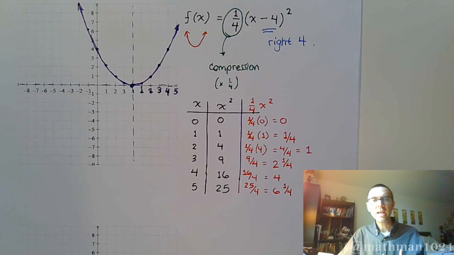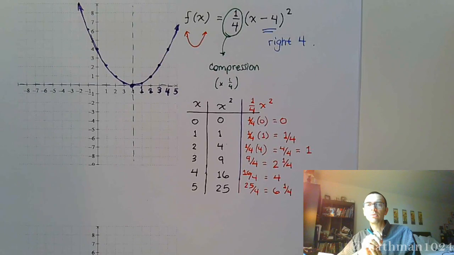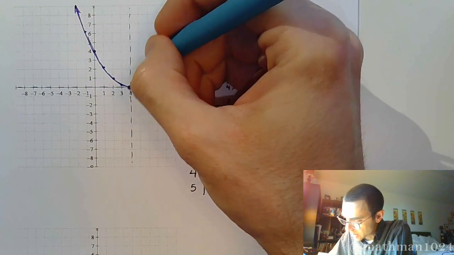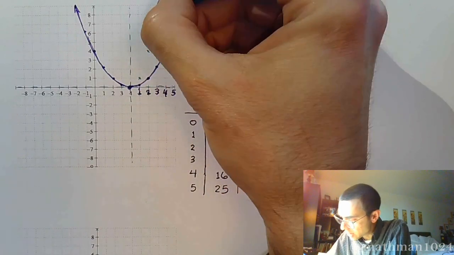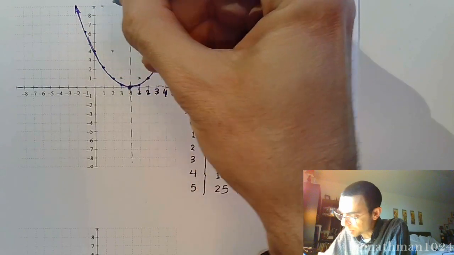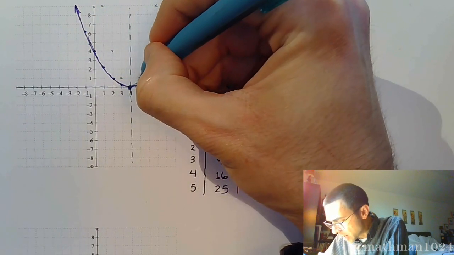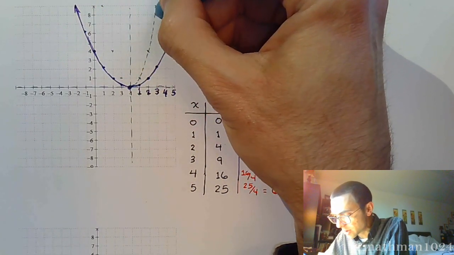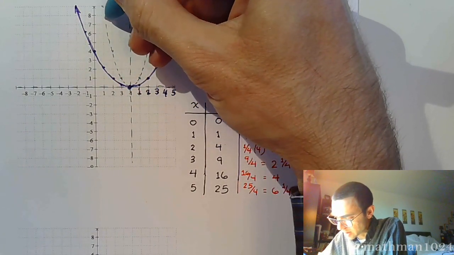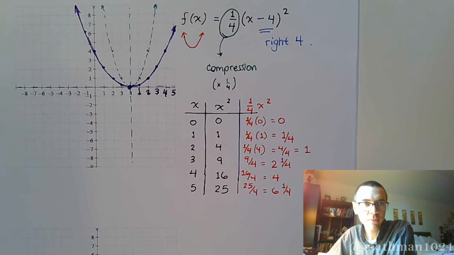Now, if I didn't have the 1/4, then this would have been growing at a much steeper rate. So you would have had 1 squared is 1, 2 squared is 4, 3 squared is 9. And when you plot this parabola without the 1/4 compressing it, there's what you would have.